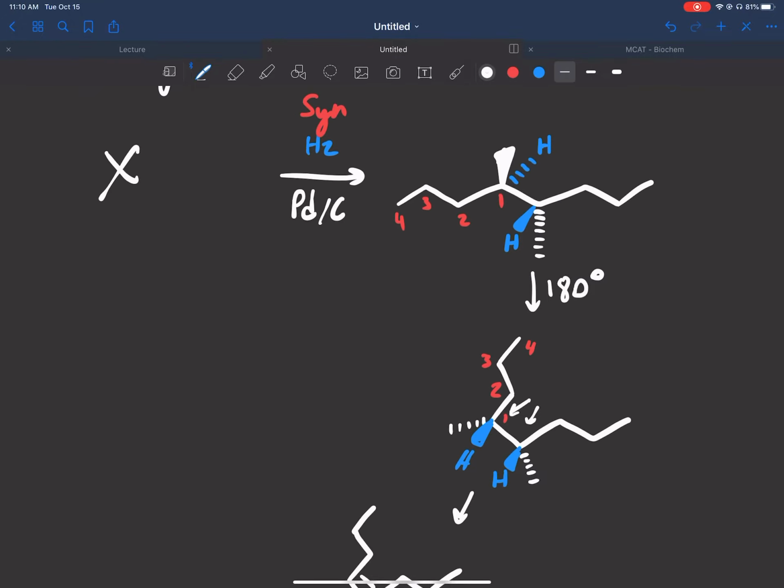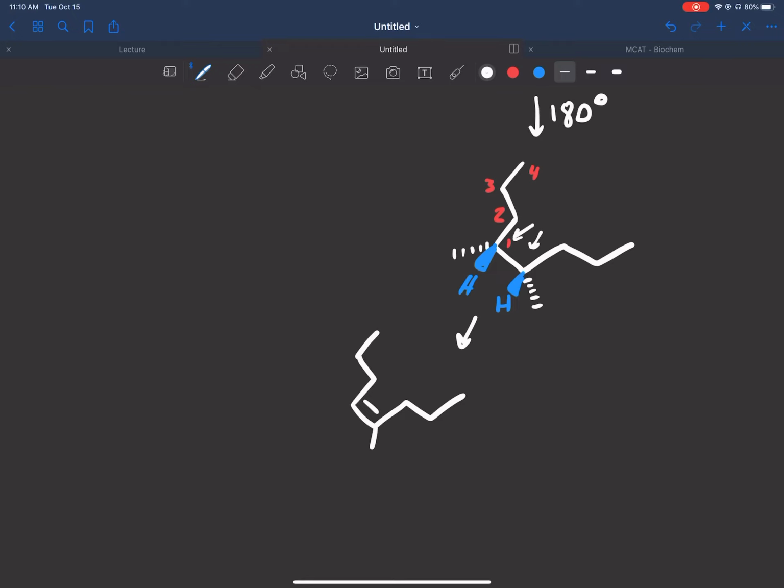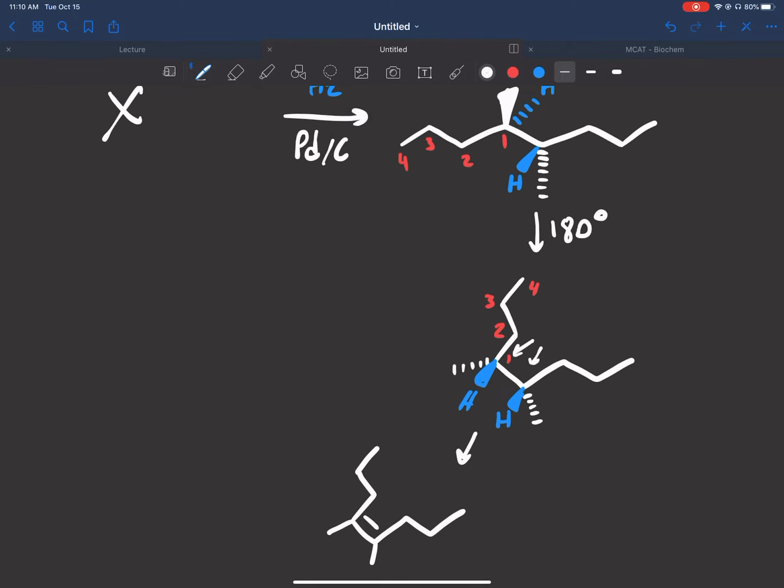If you were to have just done it like this, that would have been incorrect, because the syn addition of that would look something like this, or the dashed version of that. All right, that would have been incorrect.